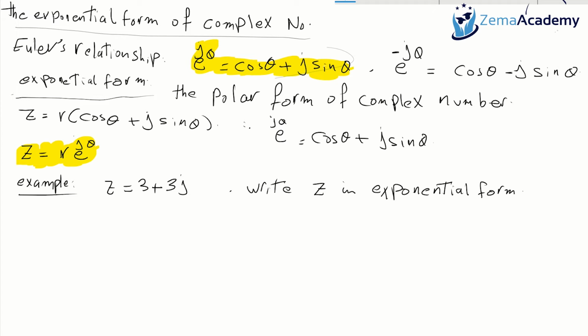So to write it in exponential form, r needs to be identified, and θ, which is the argument, needs to be identified again, correct?